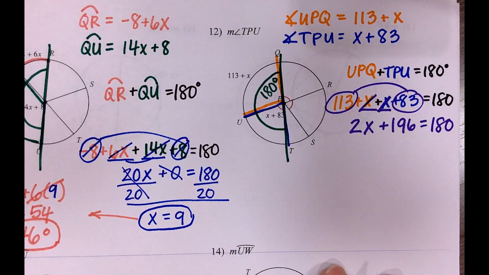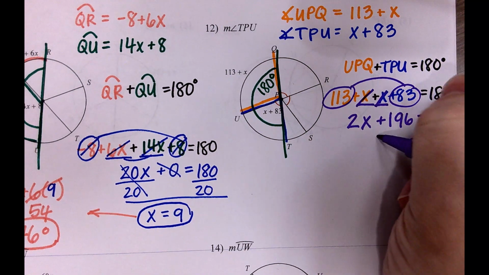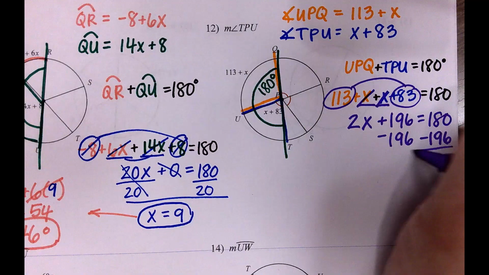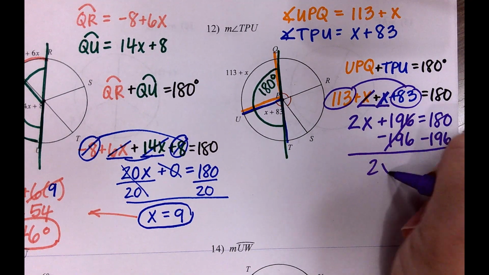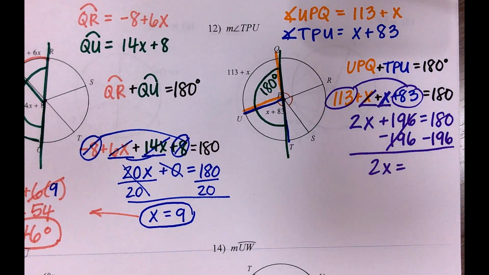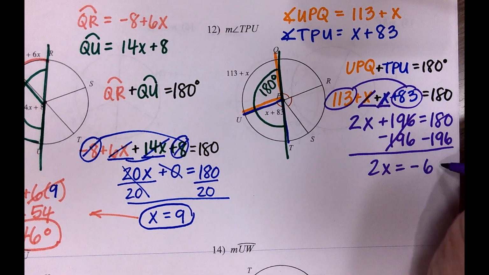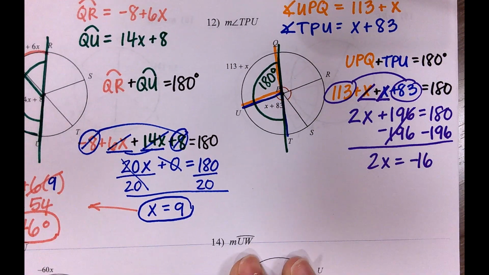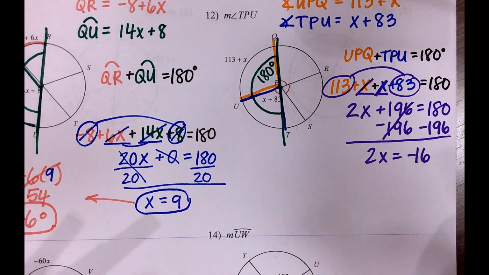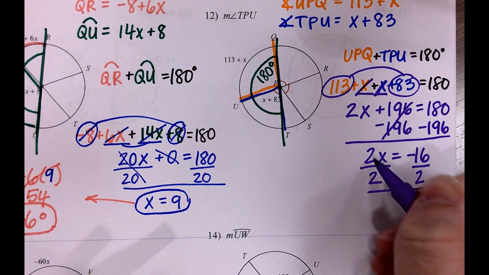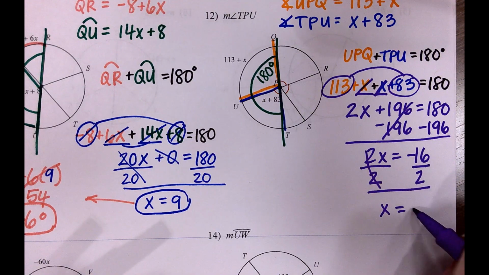Now we just subtract 196. That gives 2x equals negative 16. Divide by 2. We get negative 8. Good. x equals negative 8.